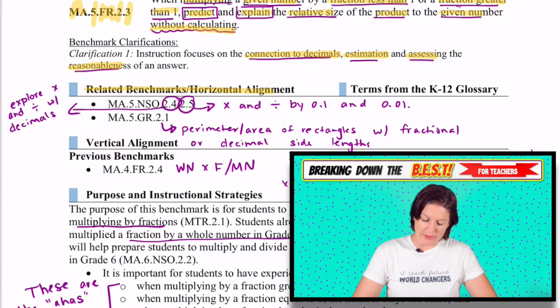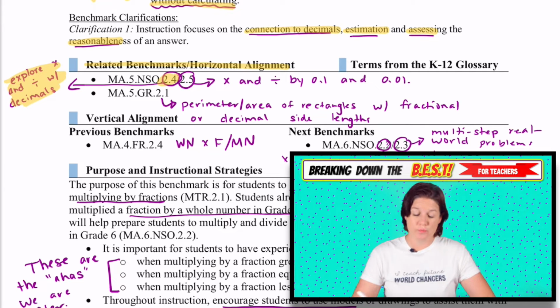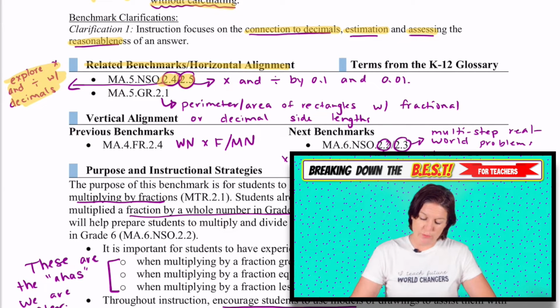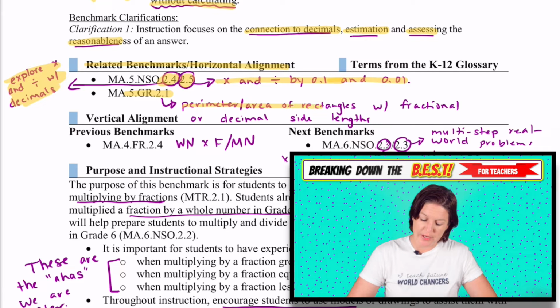What are some of the related benchmarks? Well, NSO.2.4 in 5th grade is where we were exploring multiplication and division with decimals. And 2.5 is when we're multiplying and dividing by 1/10 and 1/100. We also have GR.2.1, which involves perimeter and area of rectangles with fractional or decimal side lengths.